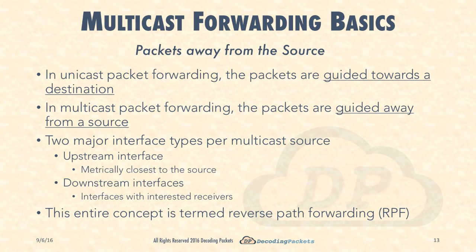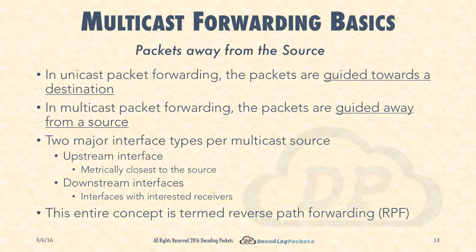The most important one here is the upstream interface. Now this interface is metrically closest to the source. And those of you who are thinking that this sounds like the exit interface of the unicast routing table, you're actually correct. It is literally the exit interface. If that source was a destination and you were looking for it in the unicast routing table, yes, that interface would actually be the exit interface, metrically closest to the source. Now note the use in those two bullets, upstream and downstream, note the use of singular and plural.